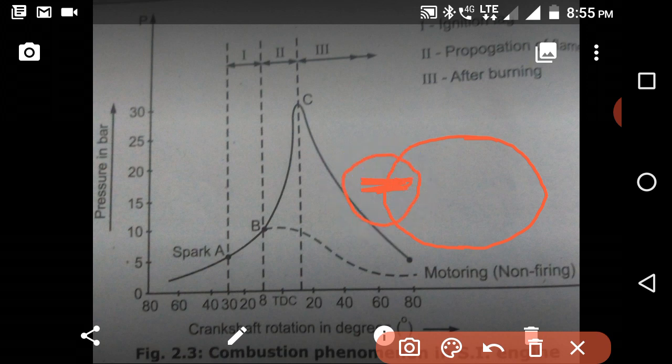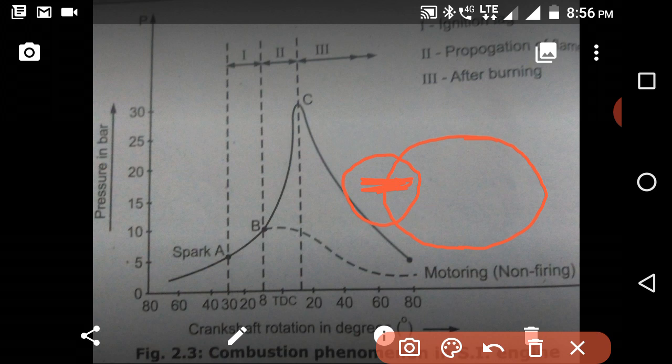The diagram or graph you are looking at here is the P-theta diagram. That is the pressure in the cylinder at each crankshaft angle.